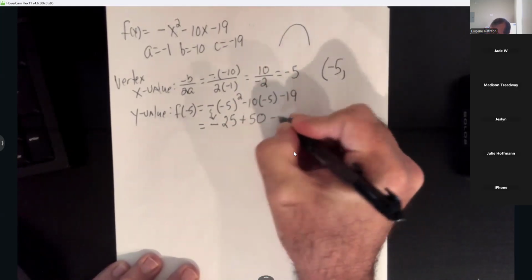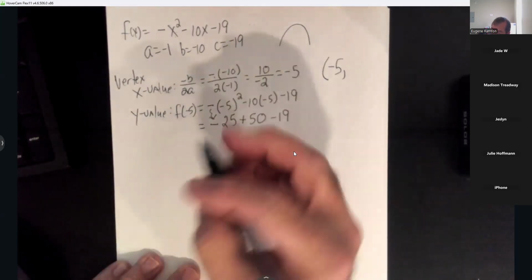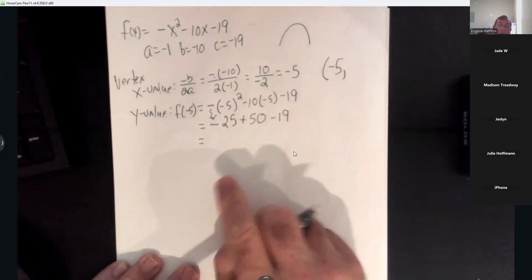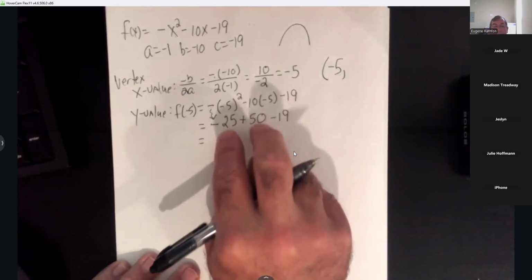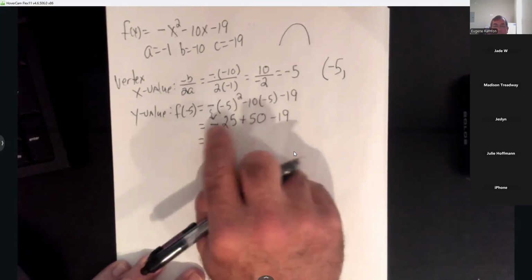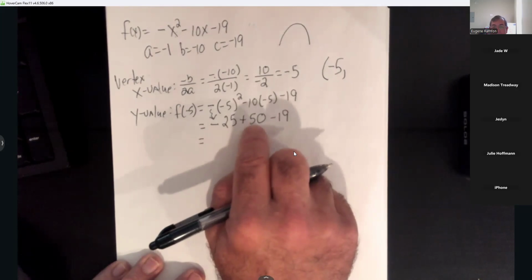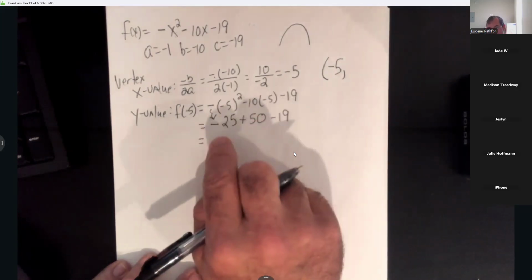And then at the end is your -19. And y'all, I'll tell you the truth. The first one and the second one, when you're doing the y values for the vertex stuff, these ones always have opposite signs. If this one's negative, this one's positive. If this would have been positive, this would have been negative, okay?